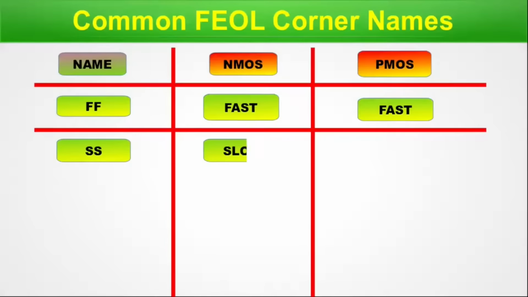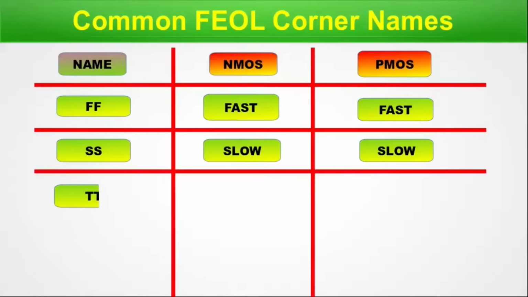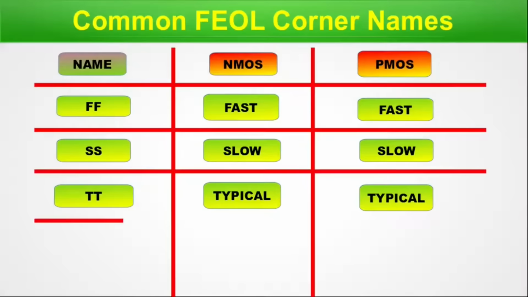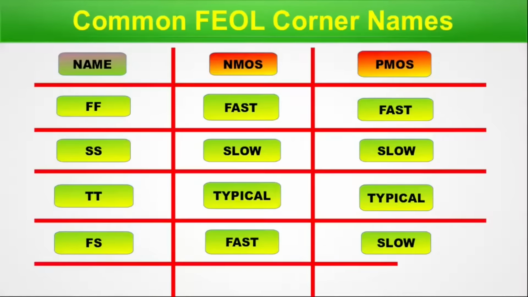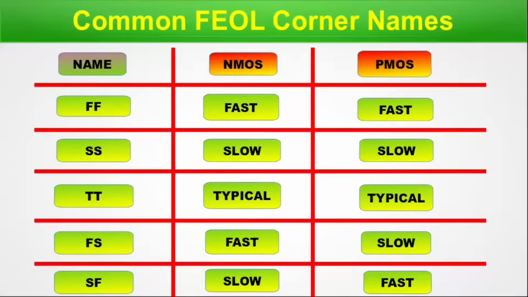And we have SS, so slow, TT, typical. And we have FS, that is fast and slow. And we have SF, that is slow and fast. So all these abbreviations point to the speed of the NMOS and PMOS of a balanced CMOS. We're done with this particular slide, so let's move on.